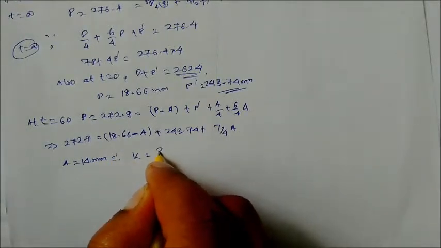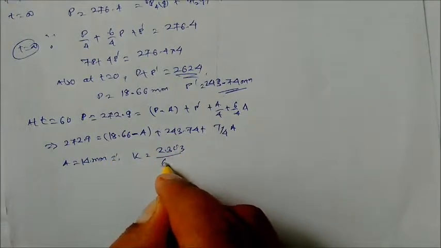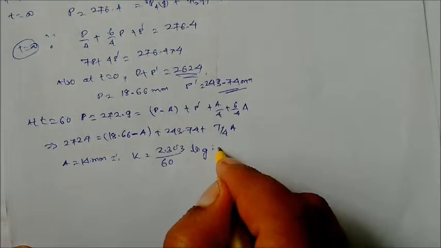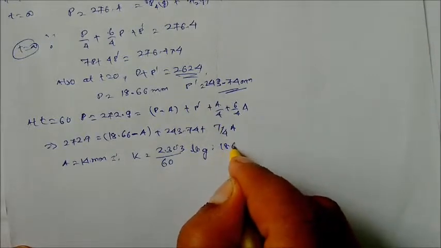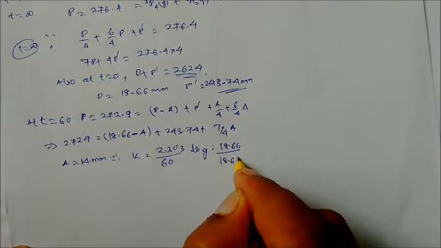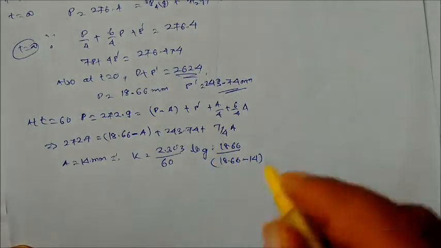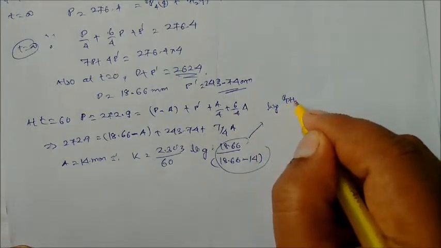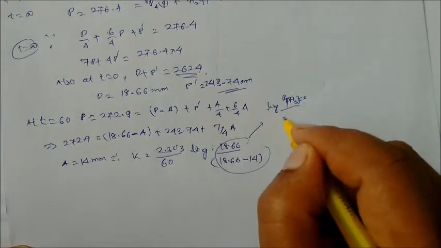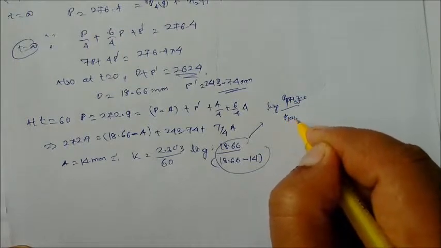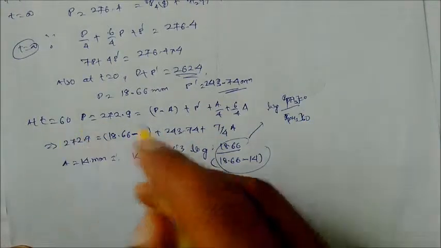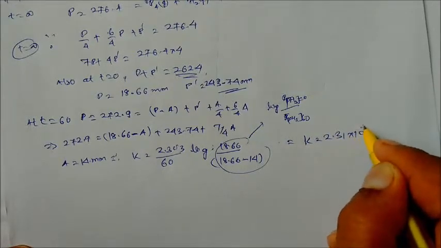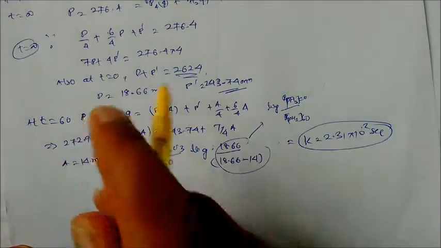So here K is equal to 2.303 divided by 60, and log of phosphine at 0, so log of 18.66 divided by 18.66 minus 14, because we are calculating at 60. On solving you will get K value equal to 2.31 into 10 to the power minus 2 per second. So this is our K at T equal to 60.